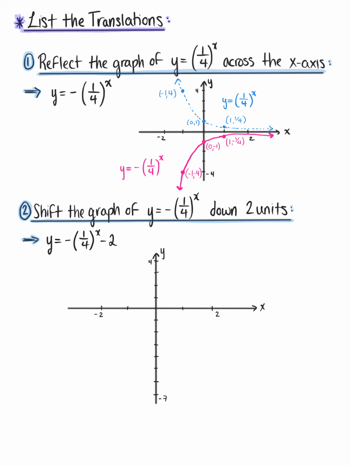It's also important to note that even after this reflection across the x-axis, the graph still has a horizontal asymptote at the x-axis, or y equals 0.